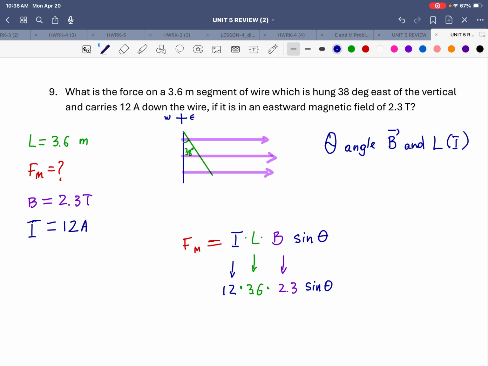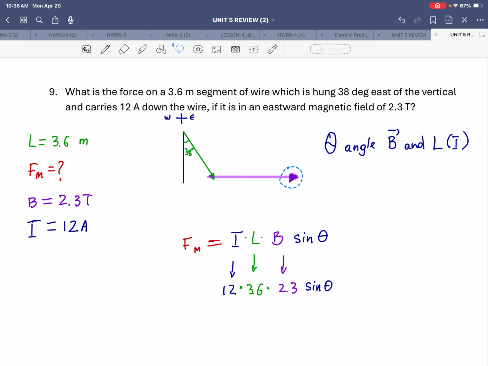Since the current is going eastward, so it's going this way, and the magnetic field is going this way here, in order to find the angle made between the magnetic field and the current, we need to place them tail to tail. Remember, this is the tail, this is the head of the magnetic field line. And we don't need all the field lines in here. We can delete them if you wish.